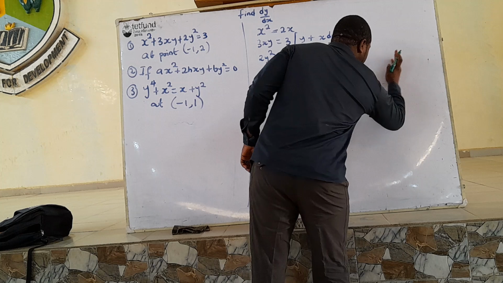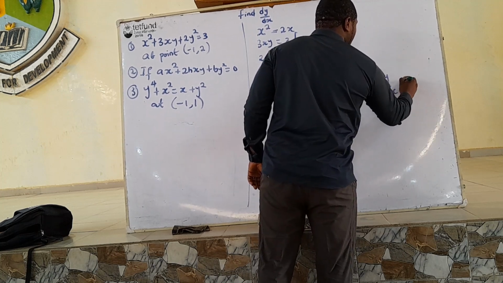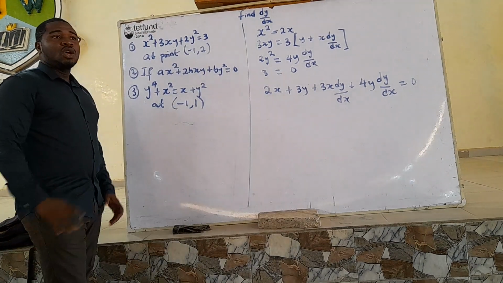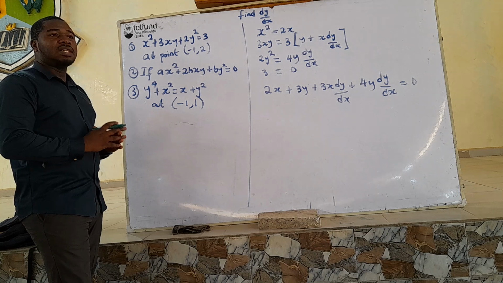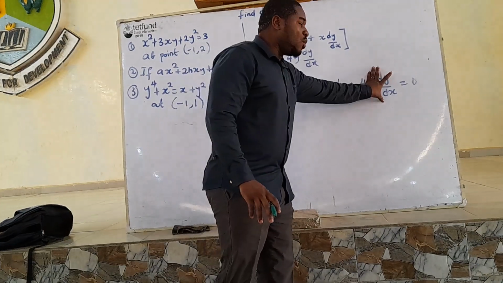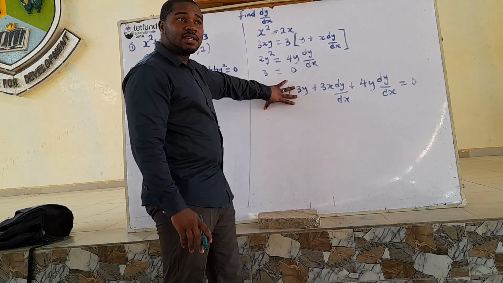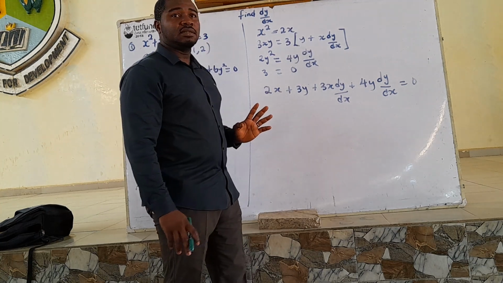So if that is the case, you are also supposed to apply the dy upon dx over here, equal to 0. So what else can you do? You have the dy dx here. You also have the dy dx here. But I don't have the dy dx here. Is that not so?